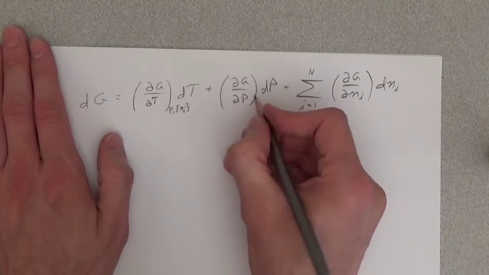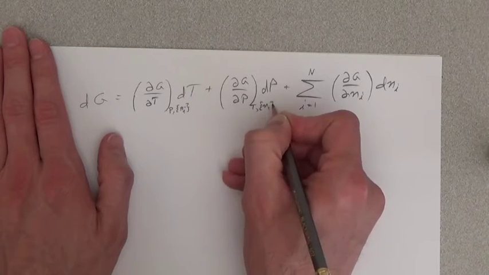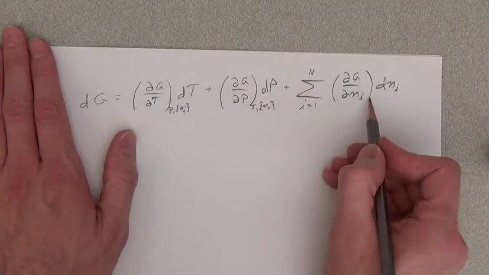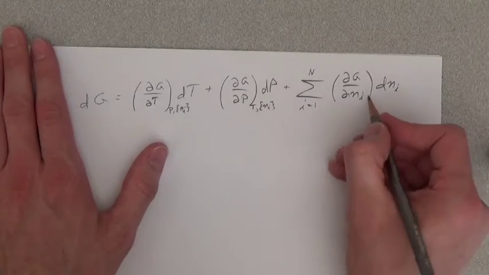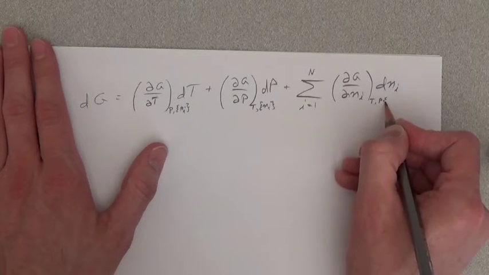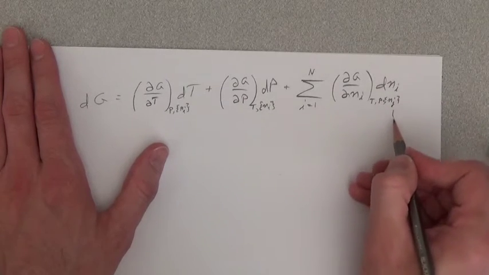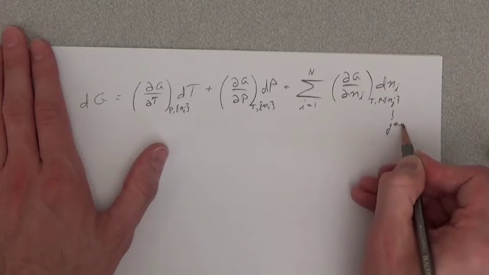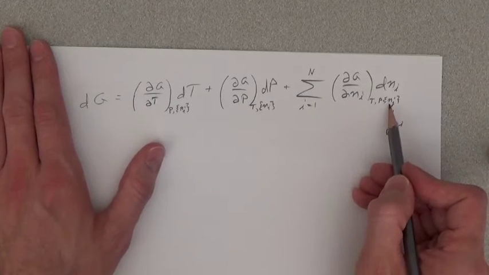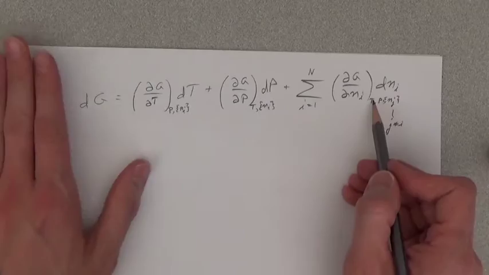This is being done at constant temperature and chemical number. And then each one of these is being performed at constant temperature, pressure, and I'm going to call it N_j, where j is not equal to i. So it's all of the chemical components except for the ith one.